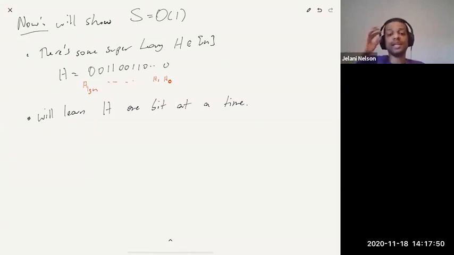So first I'm going to state a lemma, and this lemma is really the heart of the argument. And we're going to spend some time proving the lemma.